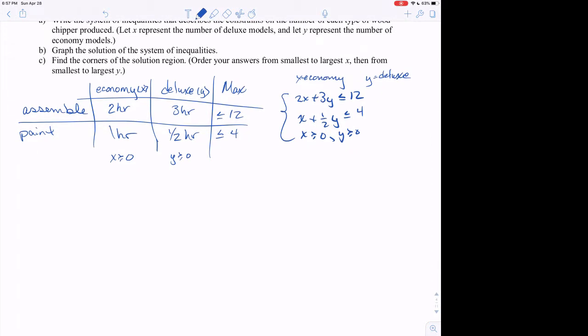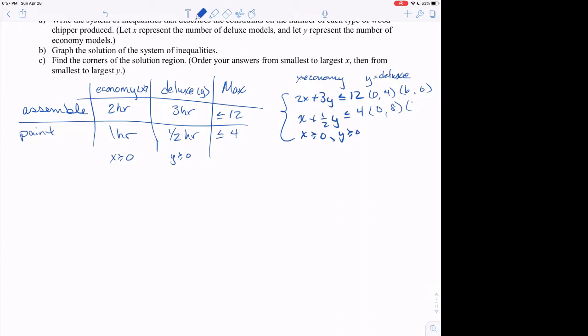So for the first line, if x is 0, then we have 4. If y is 0, then we have 6. For the second line, if x is 0, we have 8.